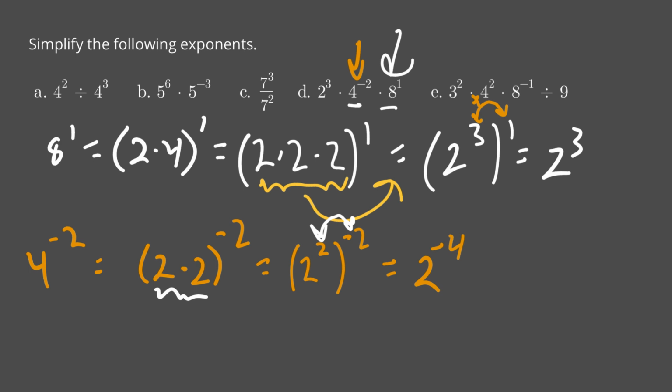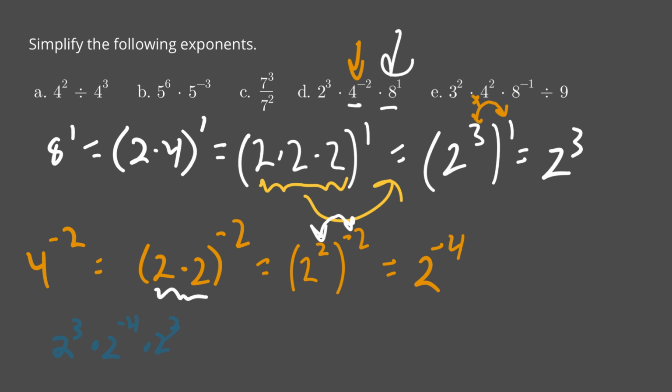We can rewrite this in blue. We have 2 to power 3 times 2 to power negative 4, and 2 to power 3 again from the 8 to power 1. To simplify this, we have numbers with the same base and multiplication.